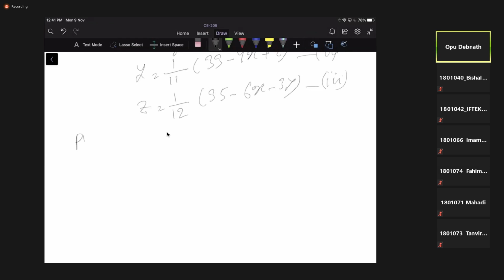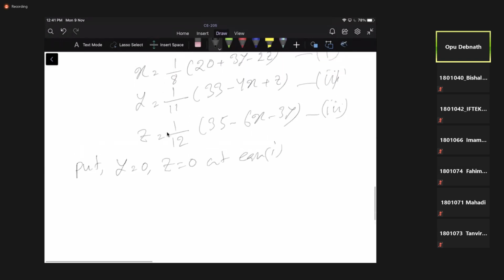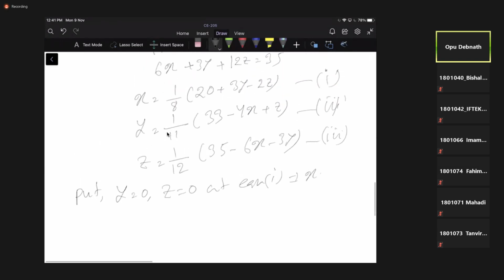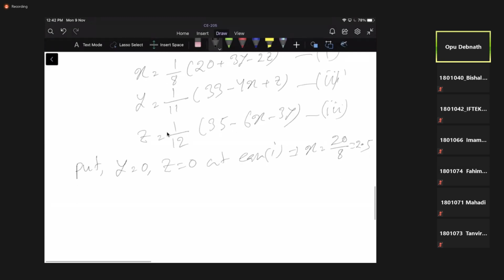For the very first step, put y is equal to 0, z is equal to 0 in equation 1. So you will get x is equal to 20 by 8, that means 2.5. These are 0. And second, when you come to equation 2, you already have the value of x, 2.5, so you will never use 0, you will use 2.5 and z is equal to 0.